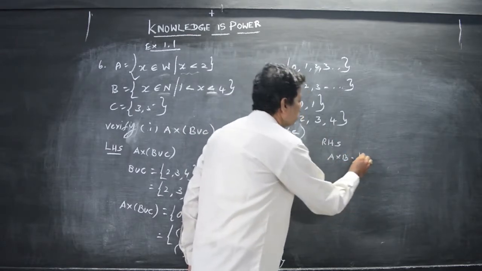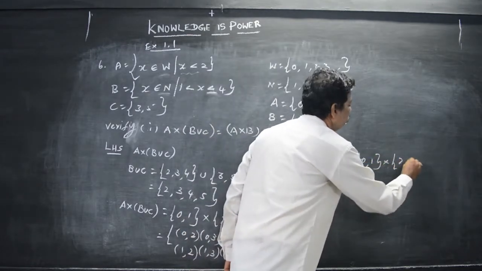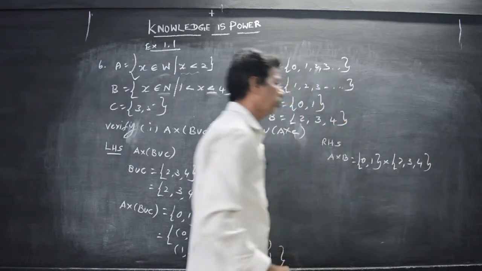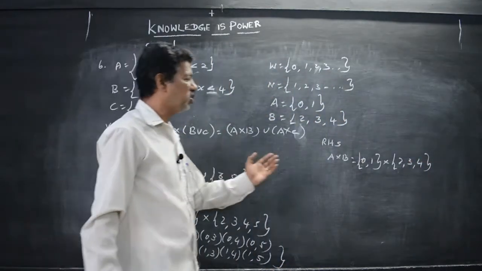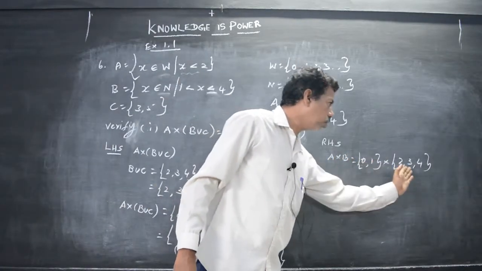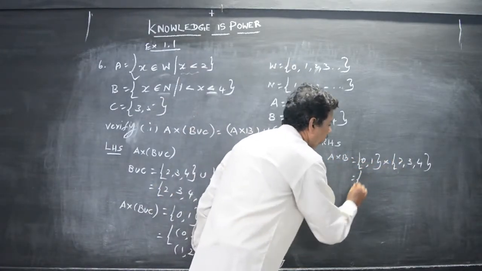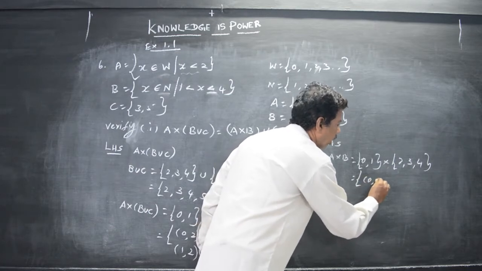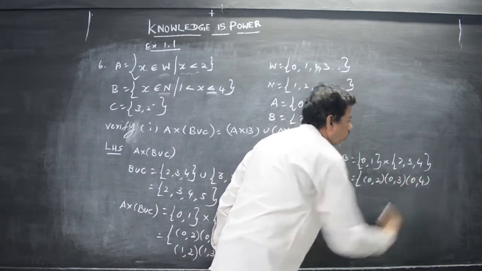A will be 0, 1 and B will be 2, 3 and 4. The same procedure you have to follow: 0 with all these 3 elements, 1 with all these 3 elements. So how can we write? First 0, 2 and 0, 3 and 0, 4.